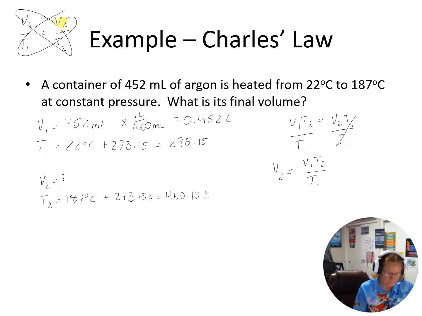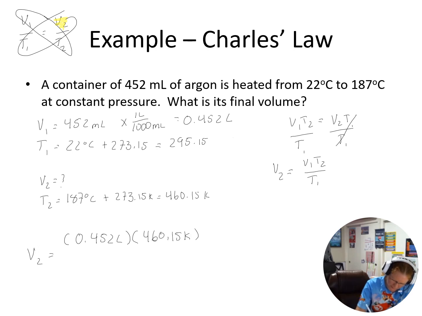All right. So what we're going to do is plug it all in. So for V2, V1 is my 0.452 liters. My T2 is the 460.15 Kelvin, and my T1 is the 295.15 Kelvin.